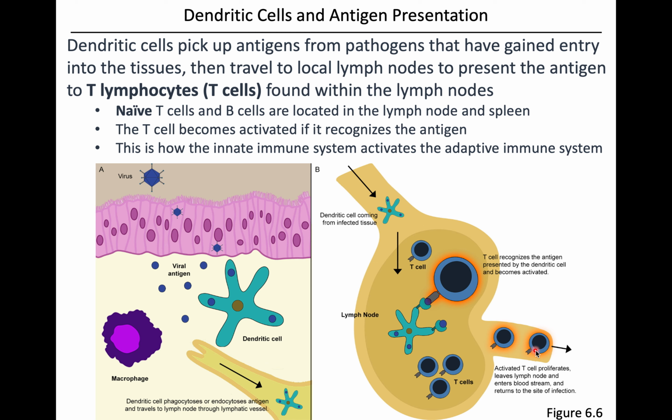So bottom line, we get this quick non-specific response, production of cytokines, which trigger production of proteins in nearby cells that can hopefully repress viral replication. We have dendritic cells ingesting viral antigens and using those to activate T cells, and that will lead us into this discussion of the adaptive immune system in part 2.